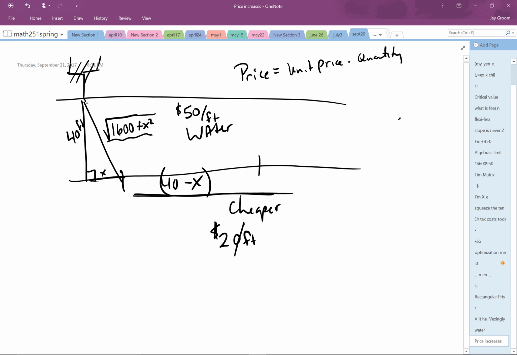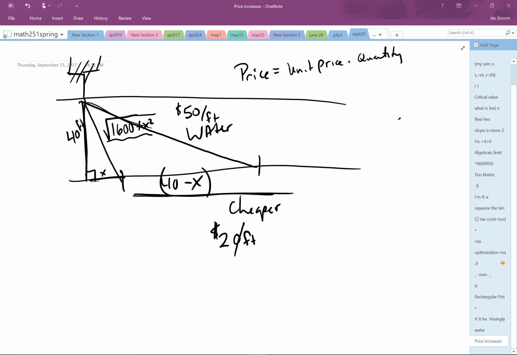You would pretty much want to go straight across to get the least amount of underground cable you could. If they were exactly the same price, you would do this, because that would be the shortest distance. You just wire it all underwater if they were exactly the same price. Or, in a weird scenario, if the underwater cable was cheaper, of course you'd do that.